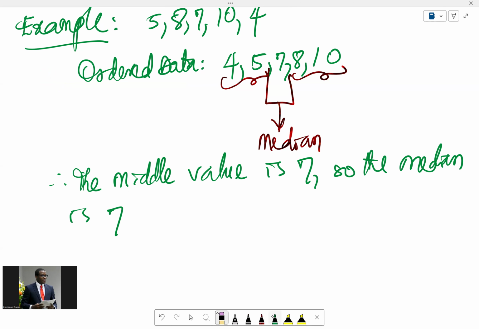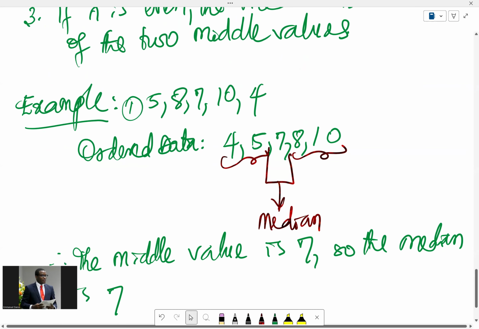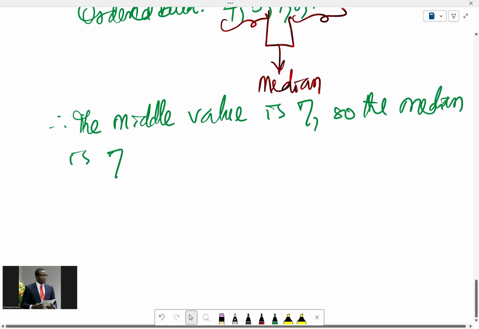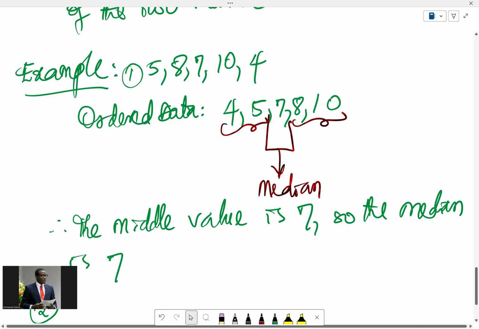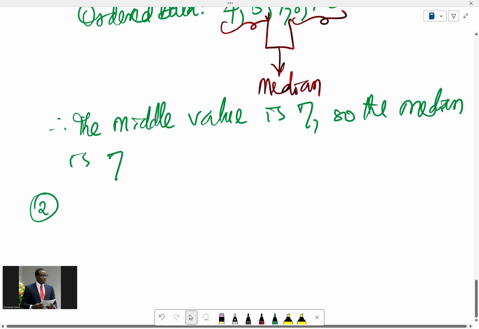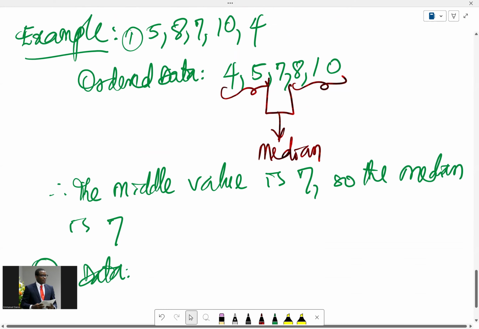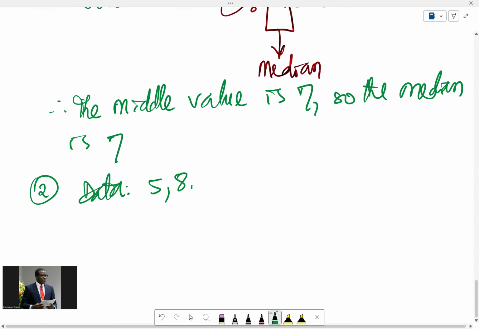I think it's important to do an example with even numbered data. So let's say you have another data. Let's say the original data is 5, 8, 7, 10, 4.